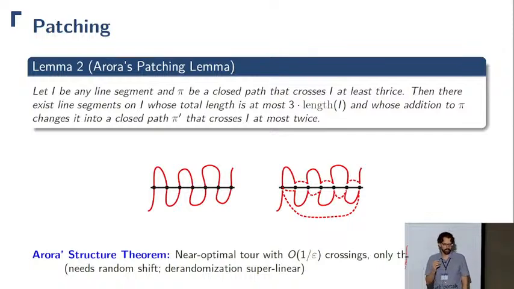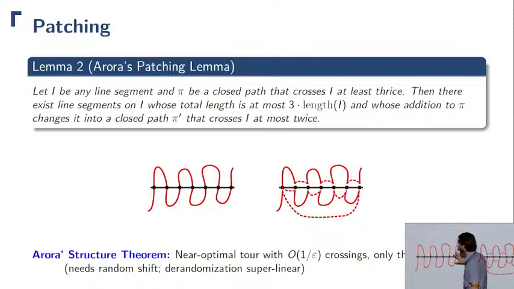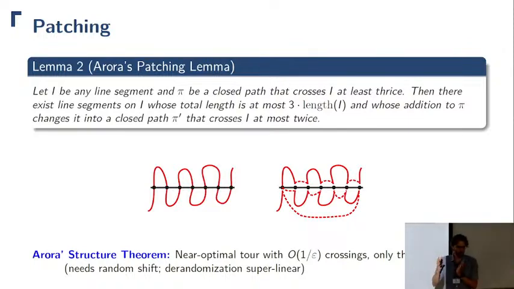So that's why we need in the end the random shift, in order to mitigate this type of detours. Otherwise it's very easy to create a worst case instance where things don't work anymore.